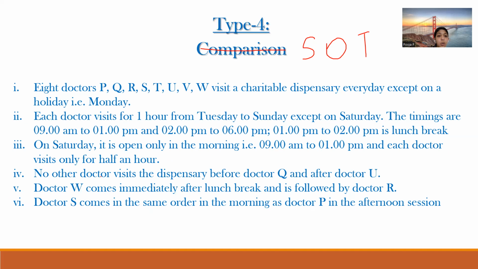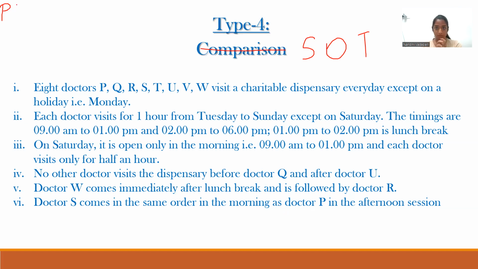All right. No other doctor visits the dispensary before Q and after U. Dr. W comes immediately after lunch break and is followed by Dr. R. S comes in the same order in the morning as Dr. P in the afternoon session. All right. So let us take the timings for them from Tuesday to Sunday. Ma'am, it's Tuesday to Sunday, right?